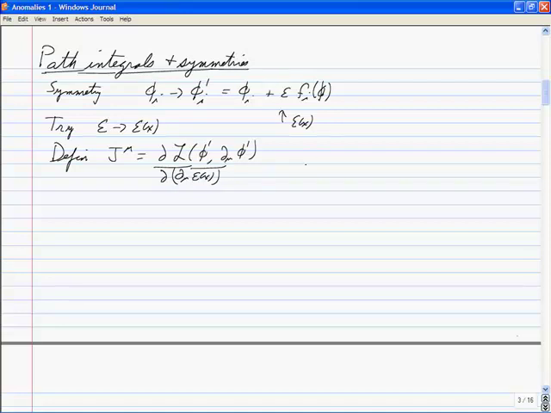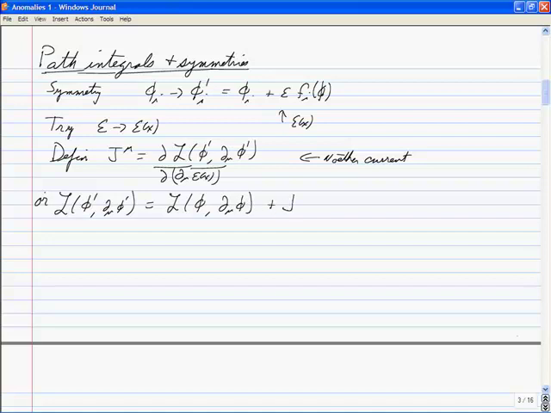That's the way you calculate the Noether current. And the reason that this is the Noether current is that the Lagrangian of phi prime, d mu phi prime is the Lagrangian of phi, d mu phi plus at most J mu d mu epsilon of x.